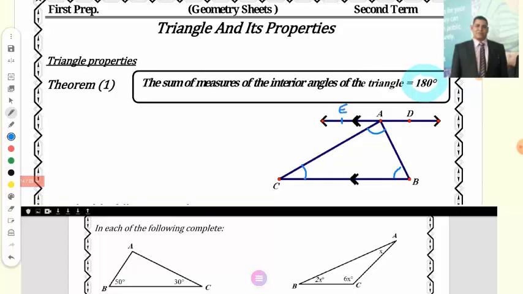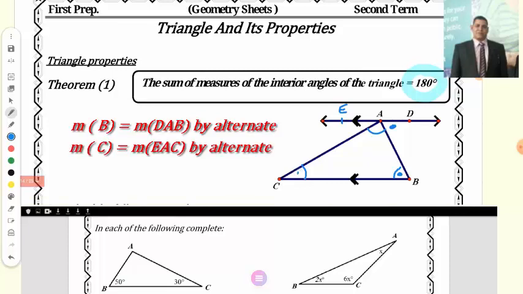If we draw ED, a straight line parallel to BC, then measure of angle DAB equals measure of angle B by alternate angles, and measure of angle C equals measure of angle EAC by alternate angles.